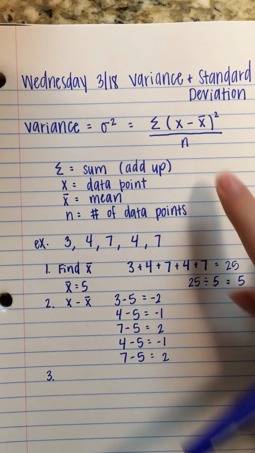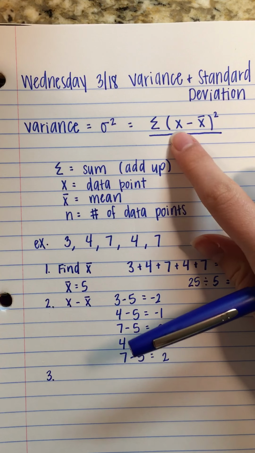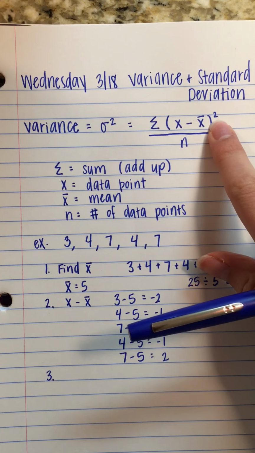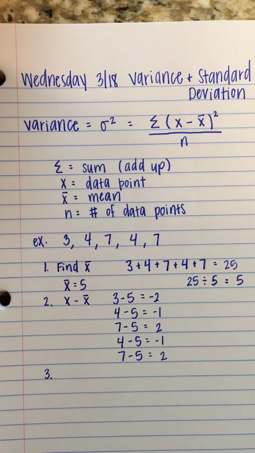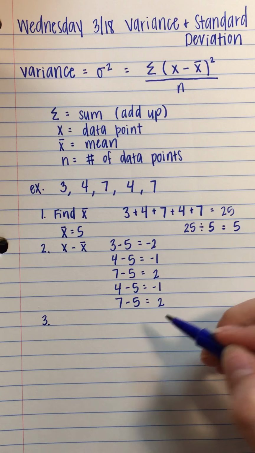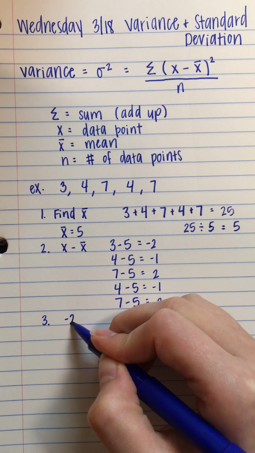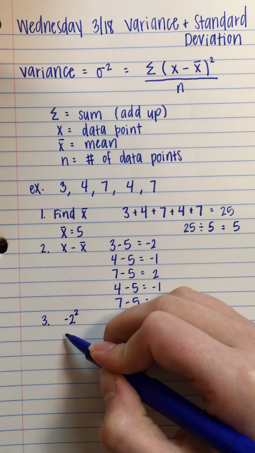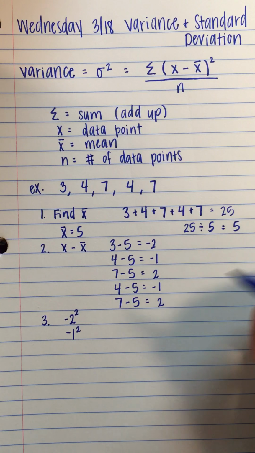All right, step 3. Notice this little exponent here. Every time I did this subtraction, I'm going to square it. So now I'm going to scoot this up just a touch. These values here, I'm squaring them.